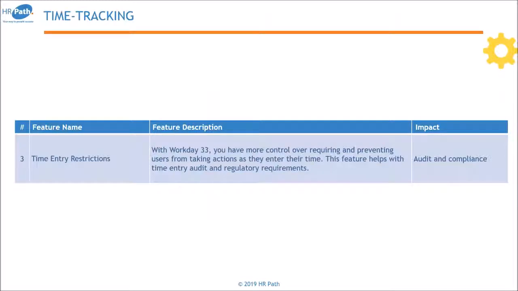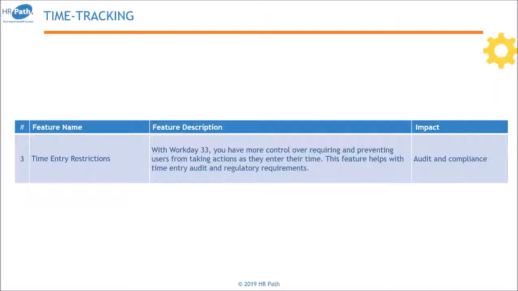Now our third new feature for the time tracking module is the time entry restrictions. It is now possible to take action for the users as they enter their time.